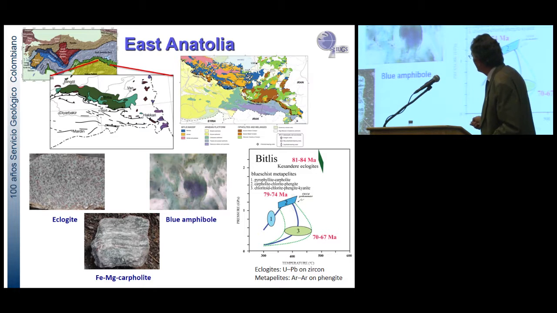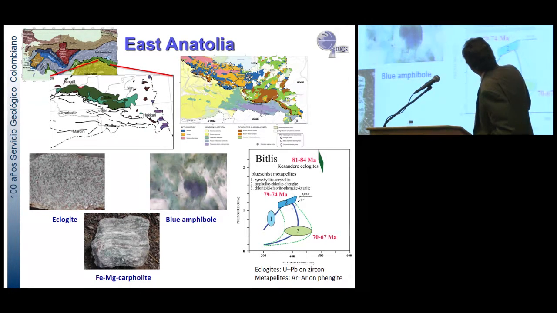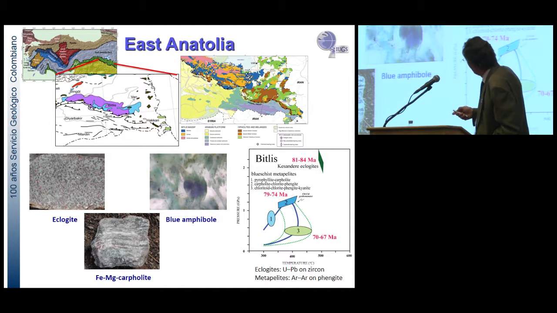We found eclogites, we found blue amphibole, and we found iron-magnesium carpholite, which is a high-pressure indicator in pelitic rocks. And this is the distribution, so it's not single findings. The whole area, of course, is high-pressure metamorphic, bringing us to change the map completely. So all eclogites and blueschists.